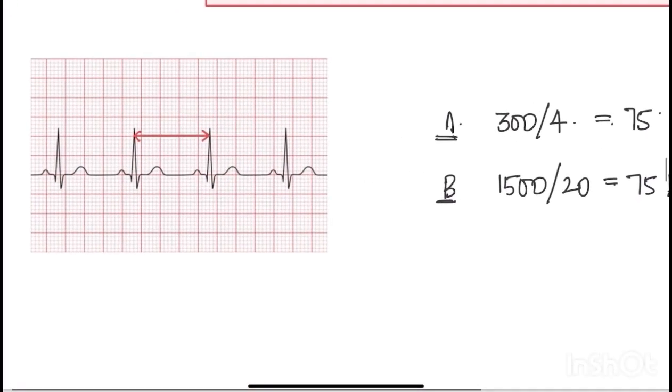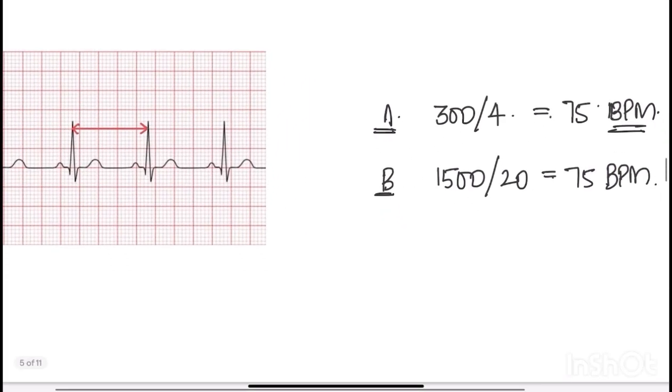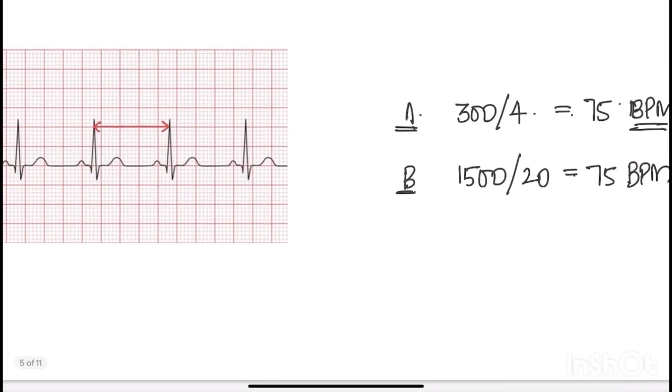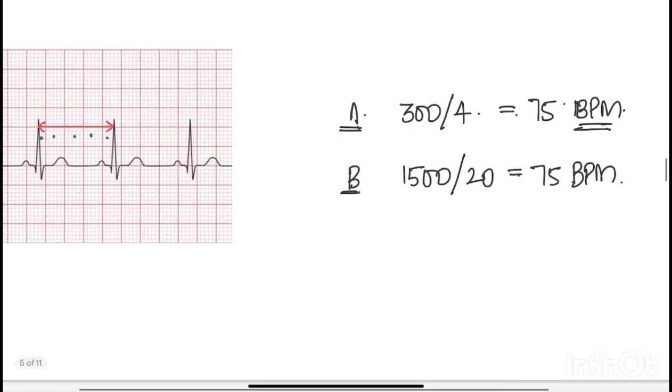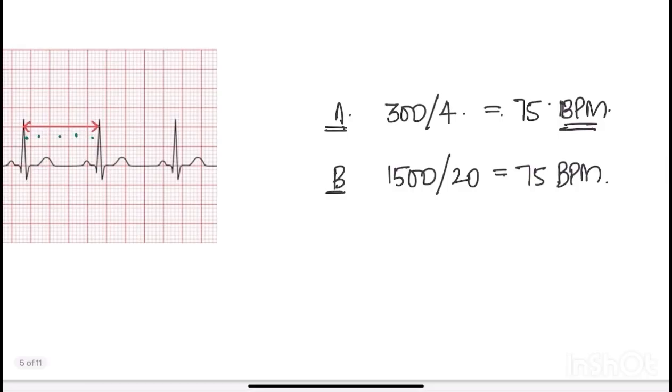So over here we see we have how many large boxes, 1, 2, 3, and these two combined would be one square. So how much is it in total? 4 total large squares.